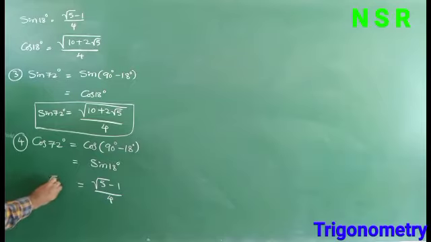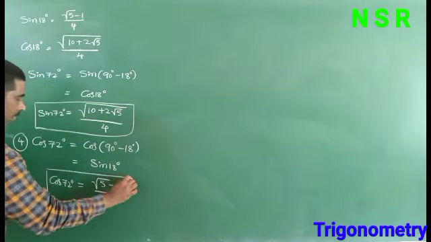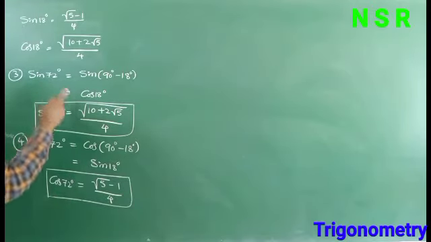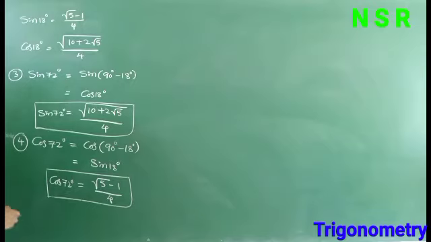So this is the value of cos 72. So cos 72 value is equal to sin 18 and sin 72 value is equal to cos 18. So knowing the formula and the values of sin 18 and cos 18, we get the values of sin 72 and cos 72.